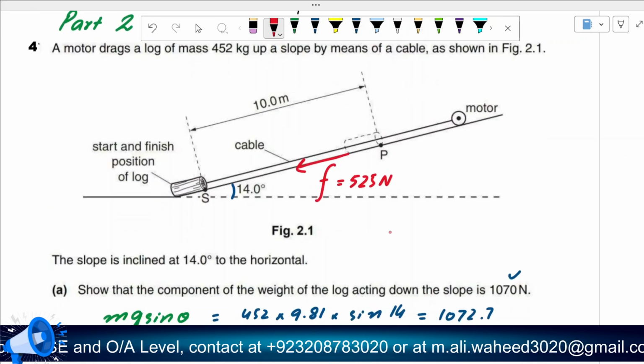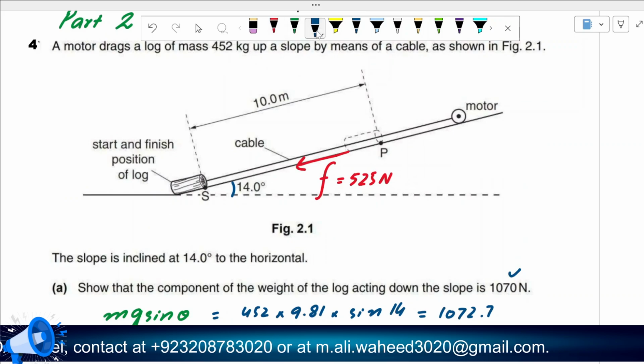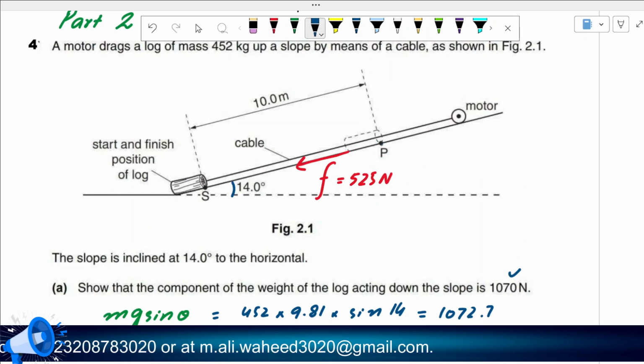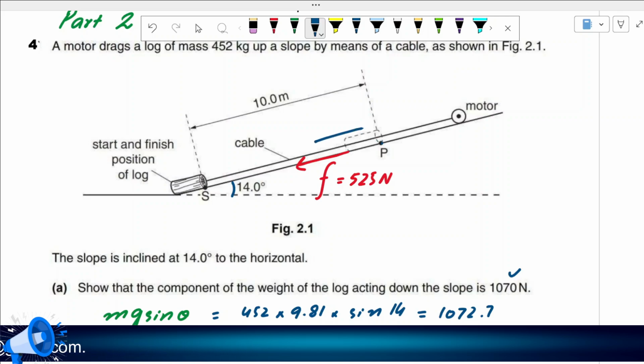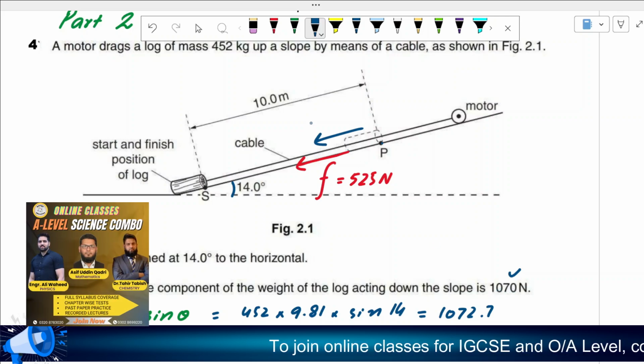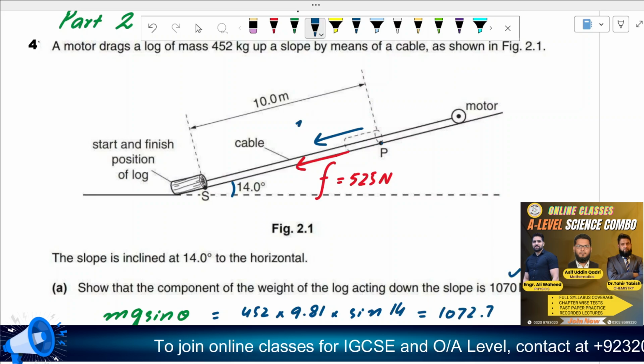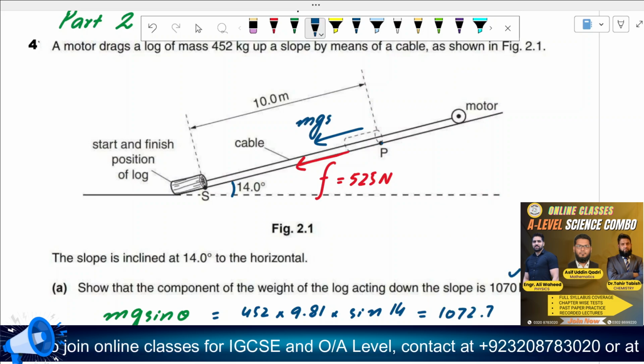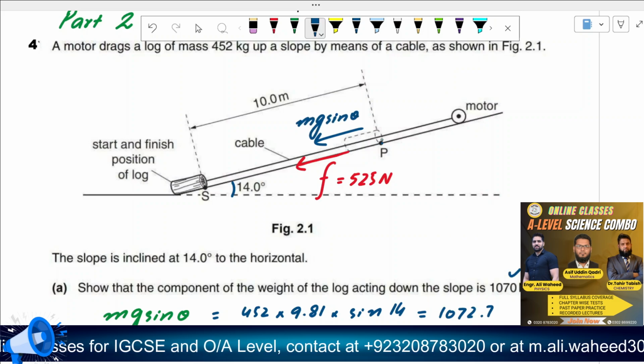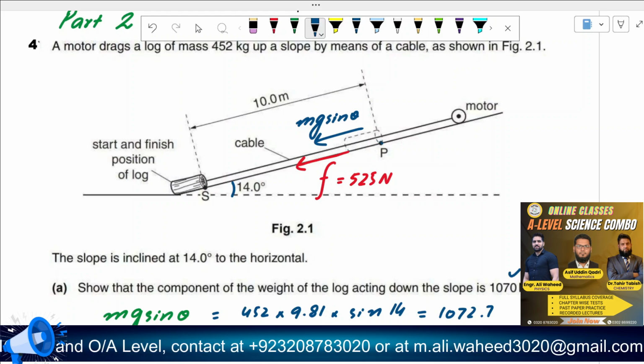Another force is a component of weight which is down the slope, and that is mg sine theta. How much was that? 1070. mg sine theta, it is 1070.